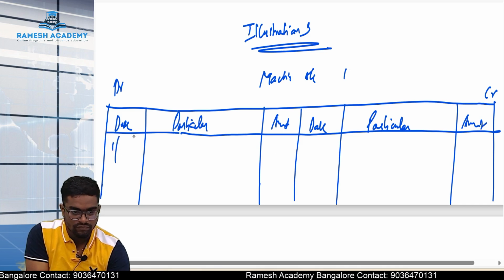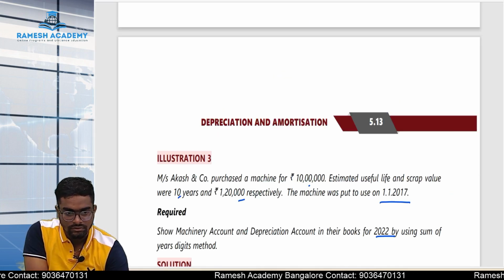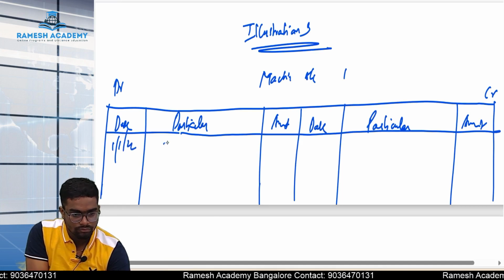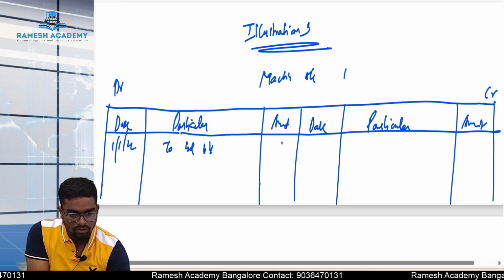So first, what is the date? First, 1/1/22. To balance brought down is 3 lakh 60.